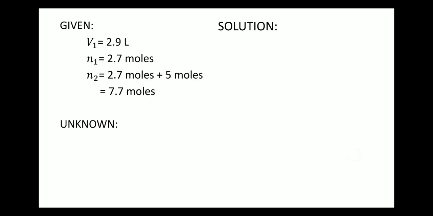V1 is equal to 2.9 liters, N1 is equal to 2.7 moles, and for N2, like what the problem is saying, by adding 5 moles to the original, which is 2.7. So N2 is equal to 2.7 plus 5 moles, which is 7.7 moles. And the unknown is the volume 2 or the final volume.